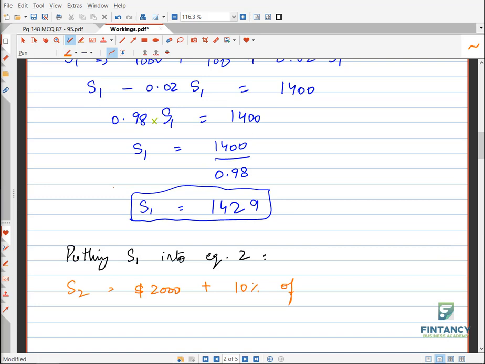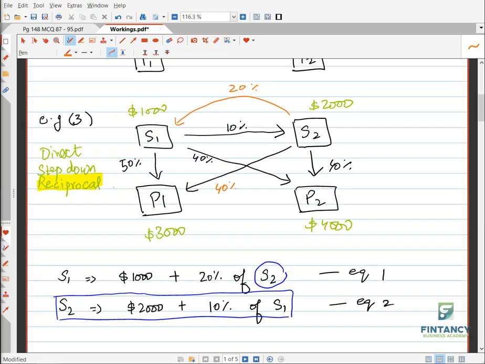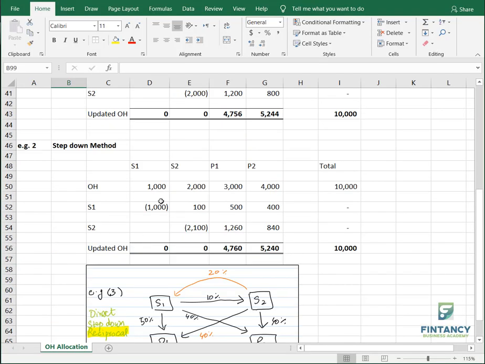So my friends, we have a question: when we already know that S1 is 1000 and S2 is 2000, why are we creating these equations? The answer is that we are using the reciprocal method, and when we solve it, we need to know exactly how much share of S1 is with S2 and how much share of S2 is with S1. Later, when we create the overhead distribution sheet, I will do this exercise there.